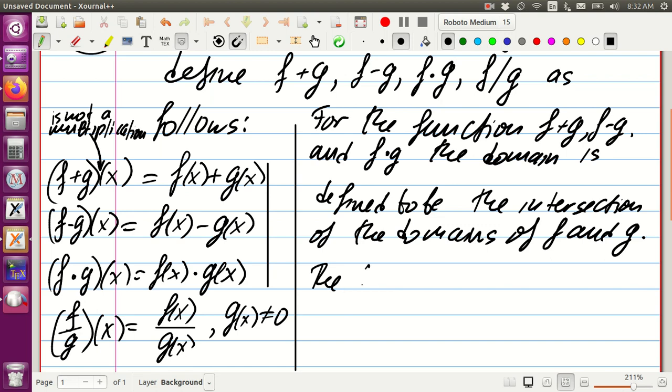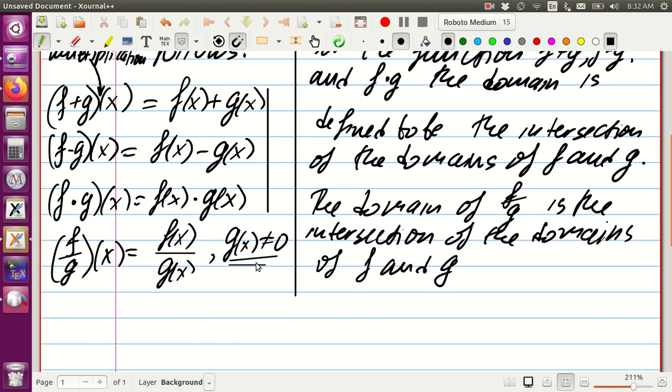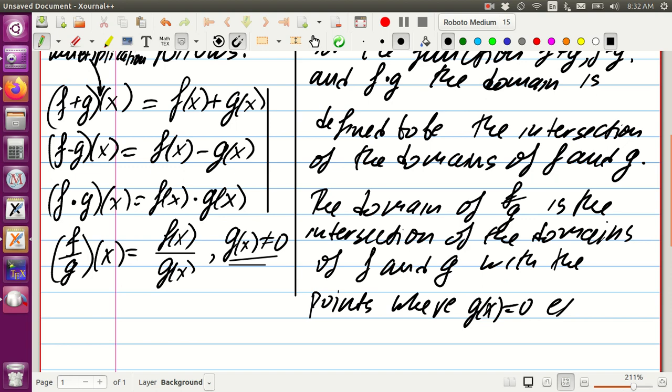So we'll say that the domain of f divided by g is the intersection of the domains of f and g, but we have to exclude the points where g of x is equal to 0 from the domain.